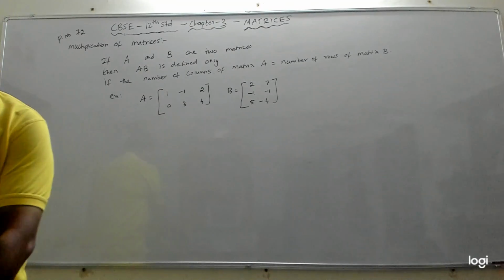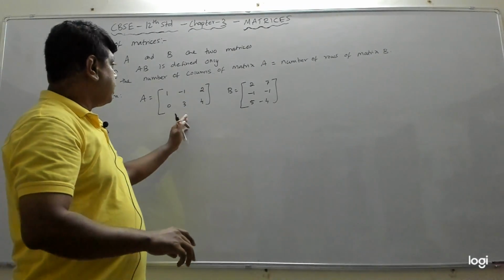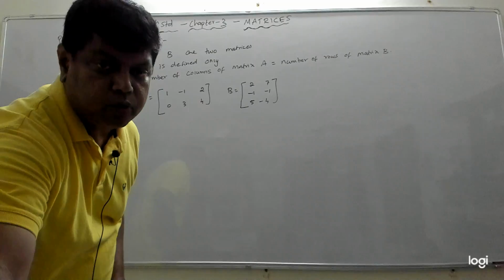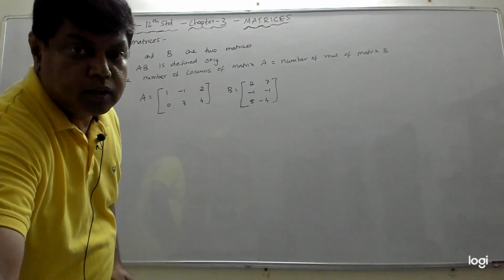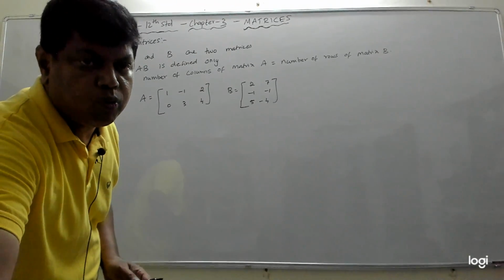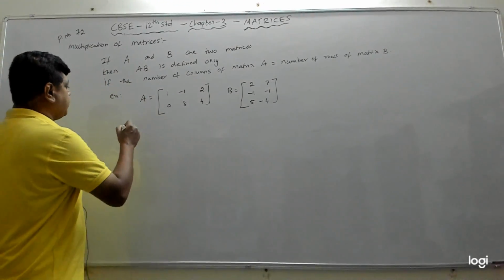So this is how our two matrices are, A and B. Now we need to do A into B.